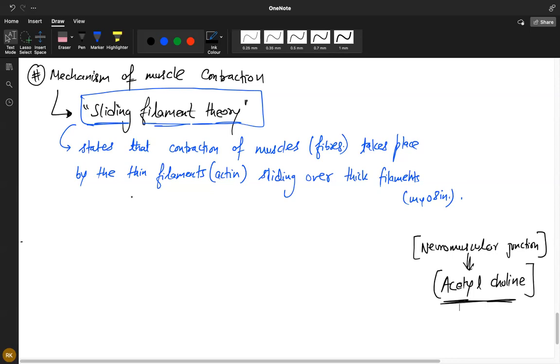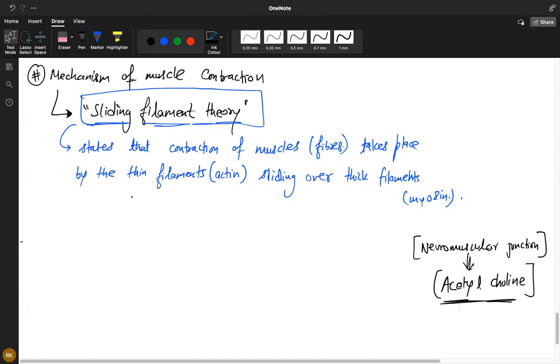That's why we first did the neural chapter. Remember action potentials, people? The signals which are generated within the neuron, in the membrane. Yes. So action potential is generated, which spreads throughout the muscle fiber.